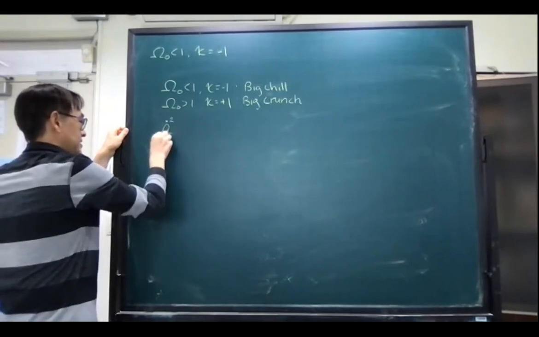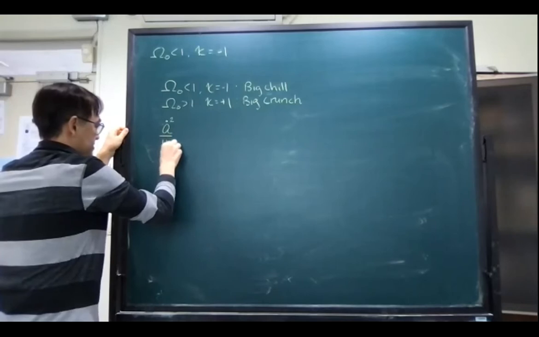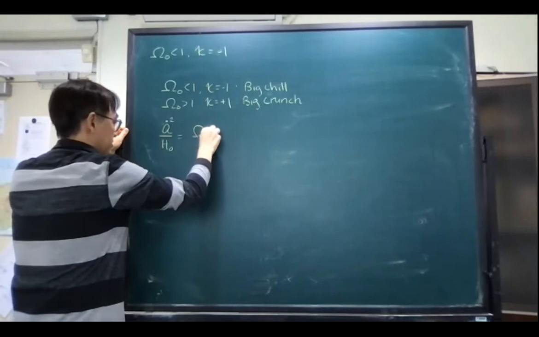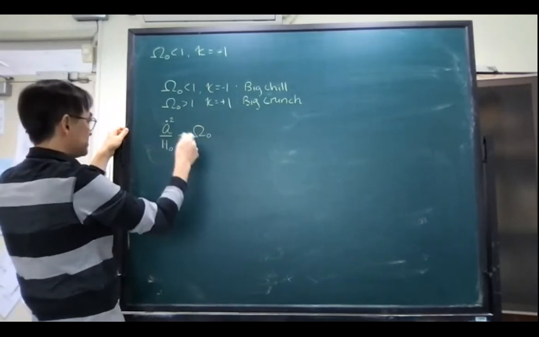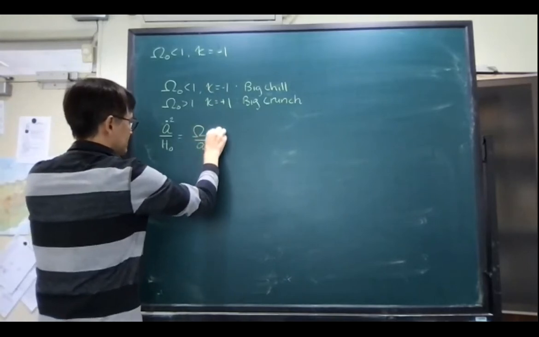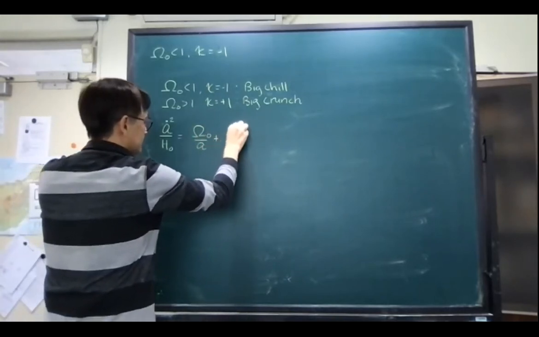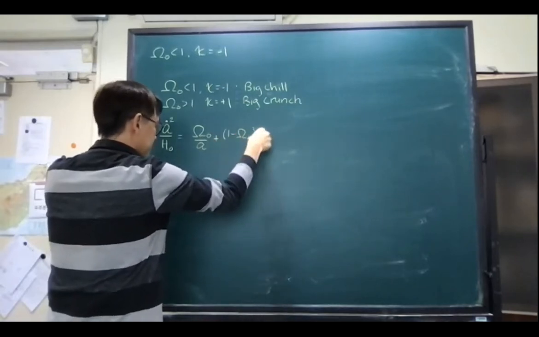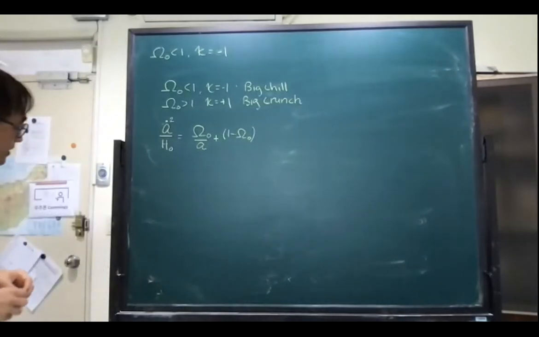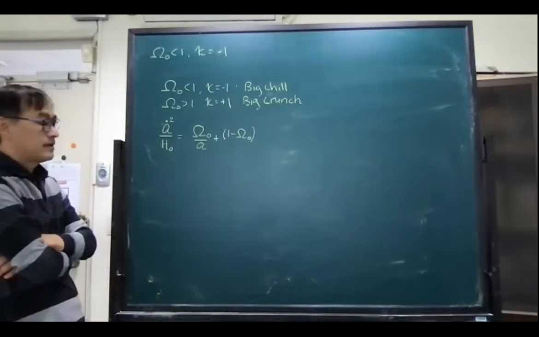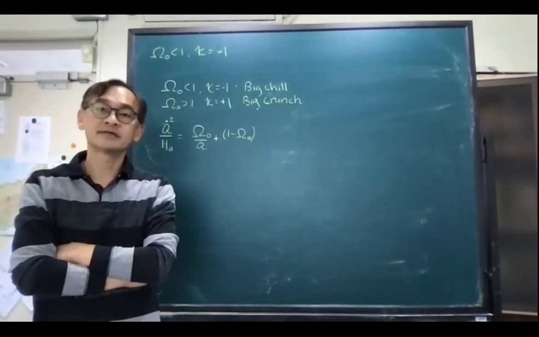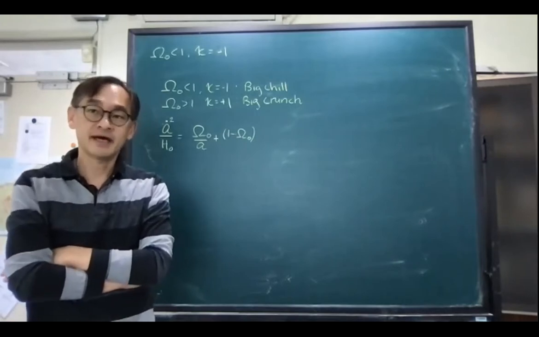Now I use a dot squared equals H0 squared times omega 0 over a plus 1 minus omega 0, after multiplying by a squared, so I only have this term. This is one of the cases where we can calculate analytically.